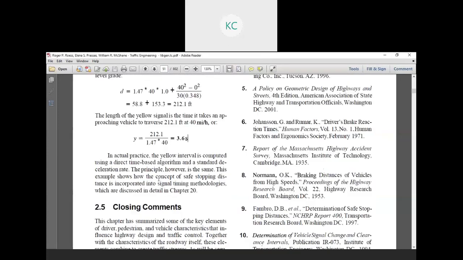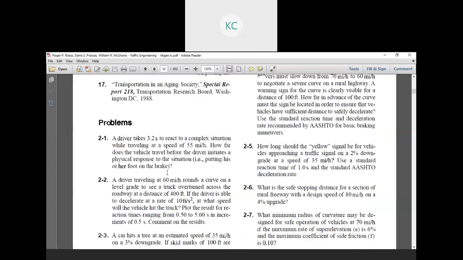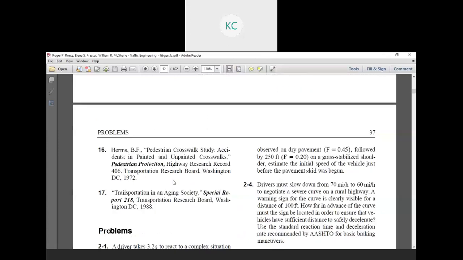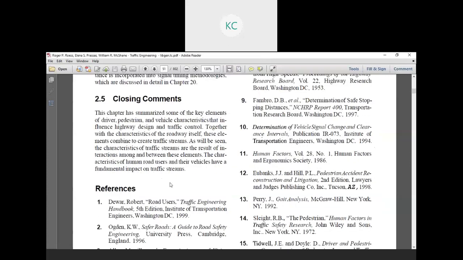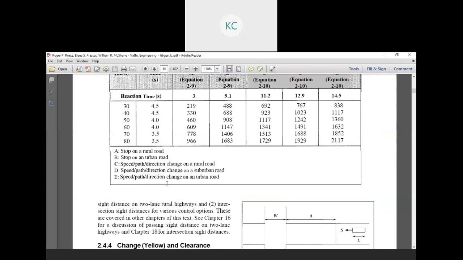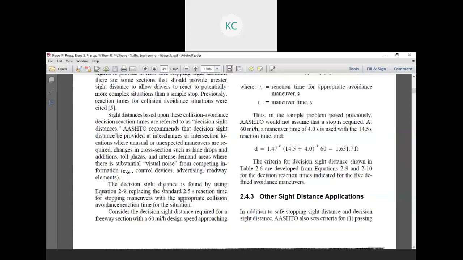Okay, so here we conclude the vehicle characteristics which are taken into account while constructing a highway. There are two main characteristics: the road user characteristic and the vehicular characteristic.